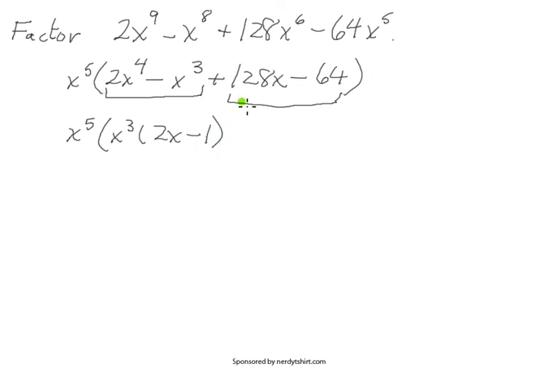And now this will be a successful grouping if you can take something out of the second little group, so that when you're done with that little greatest common factorization, you have exactly the same leftover binomial piece. So here, from 128x minus 64, you can pull out a 64. And you can see that that leaves behind exactly 2x minus 1. So there's the signal for a successful grouping.